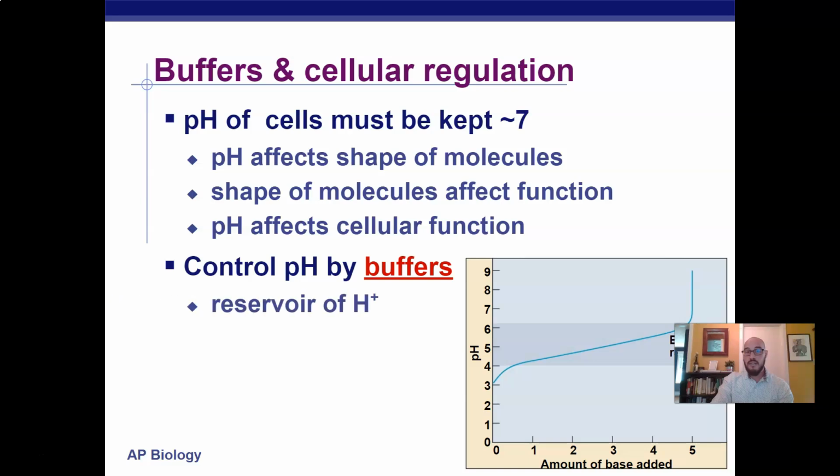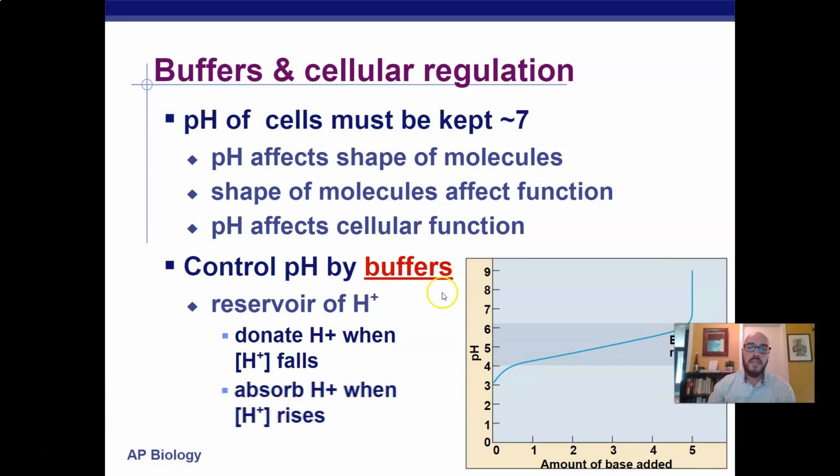The body, all life, is going to control the pH by basically keeping a reservoir of a bunch of protons hanging out in order to change the acid or base concentration in the body. You need to control pH by using buffers of hydrogen.